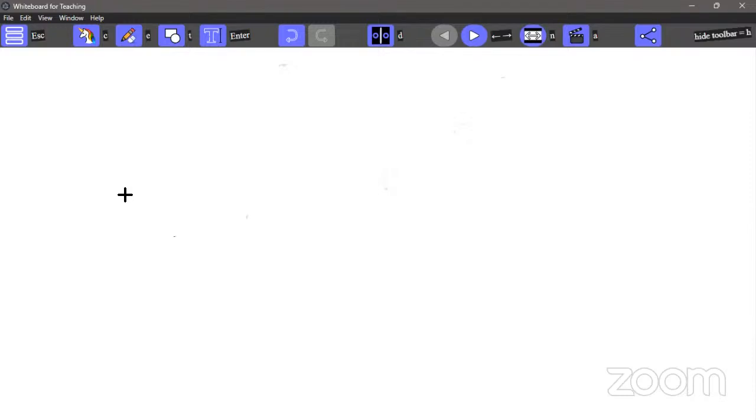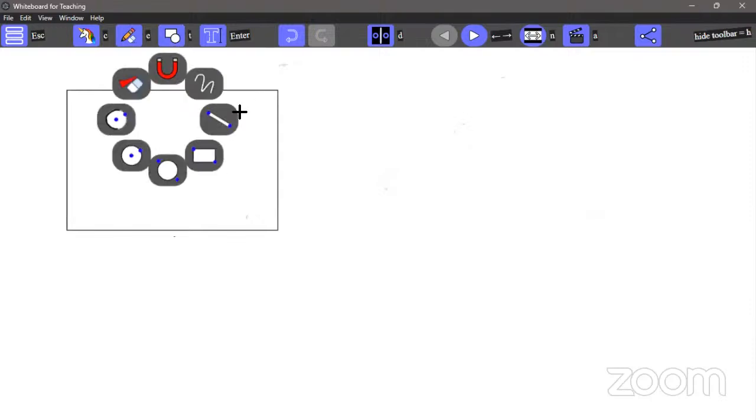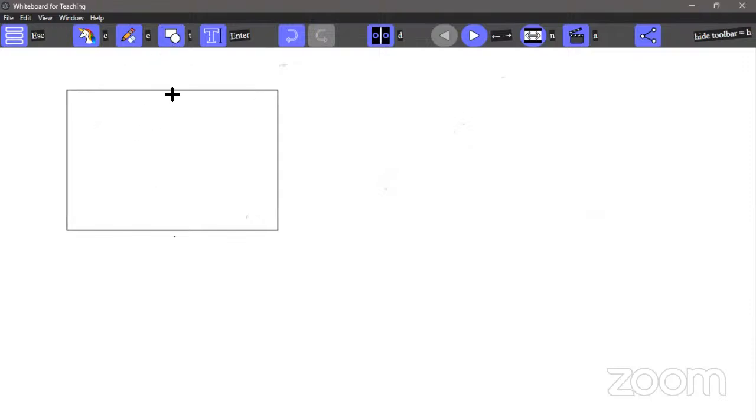Three rows, two columns. Horizontal three.